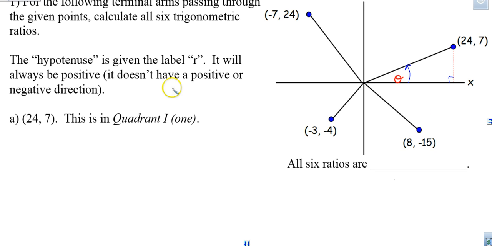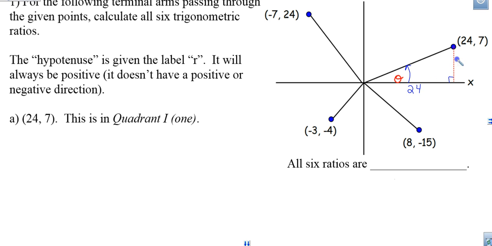Now, as I mentioned in the last video, we call the hypotenuse r. That r value does not have a positive or negative direction like these points will, and we'll get to that later. It will always be a positive value. The x value of this point is 24, so I can label the base of this triangle as a distance of 24.